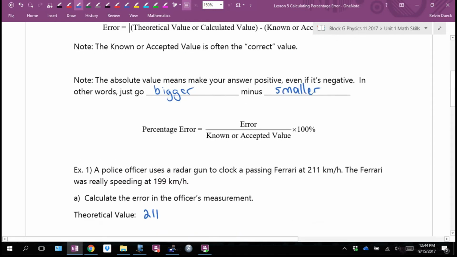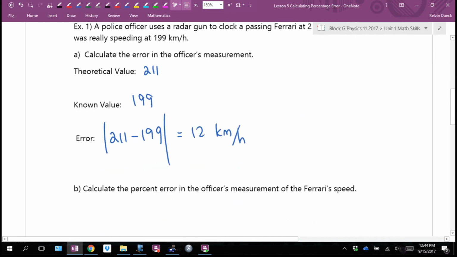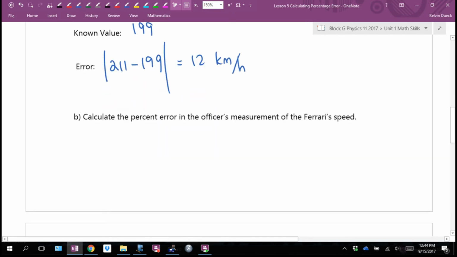Scroll back up here. Percentage error is the error, which you figured out by going bigger minus smaller, divided by the answer that you know is correct, the known or accepted value. That will give you a decimal. To turn a decimal into a percent, you multiply by 100%. So the percentage error for this radar gun, we would say this.